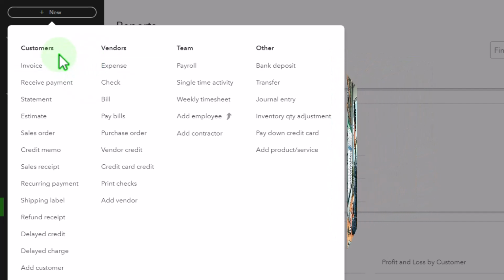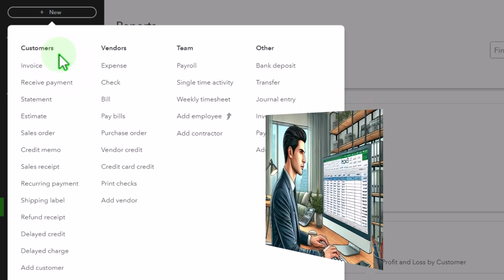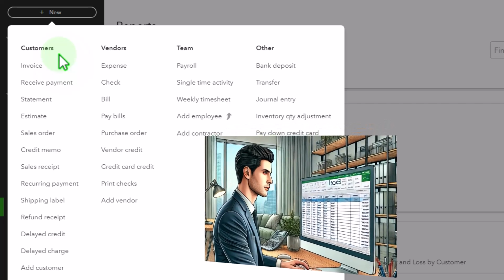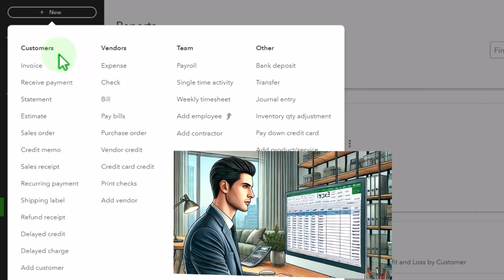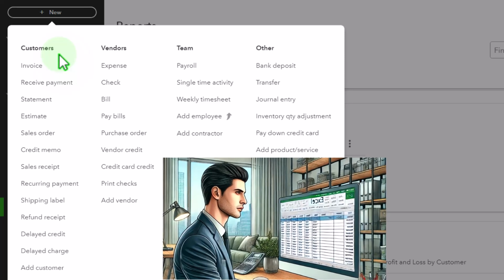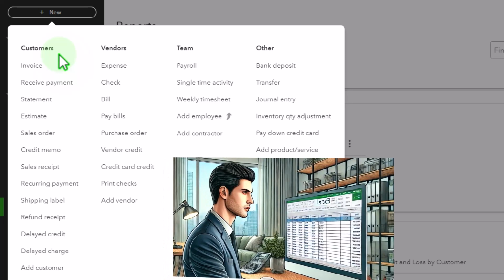But remember that both of those depend on what side of the table we are on. Meaning if we're a business, we are still the customer of other businesses. I am the customer as a business of the telephone company because I'm purchasing their stuff. I'm purchasing possibly inventory where I am a customer. So when we say customer here, of course, we mean our customers, the people that we are selling goods and services to.